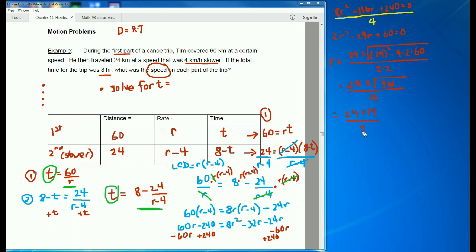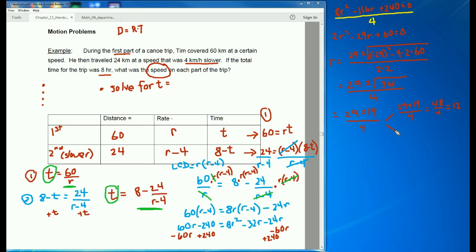Okay, so this is a good time to split into the two solutions. So it's either 29 plus 19 divided by 4. So that would be 48 divided by 4, which is 12.